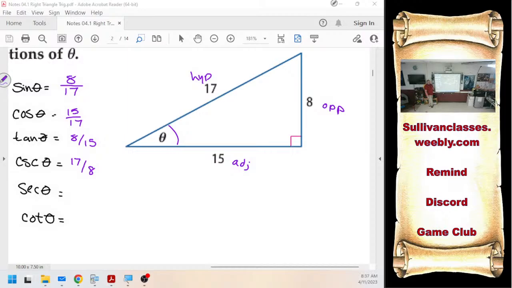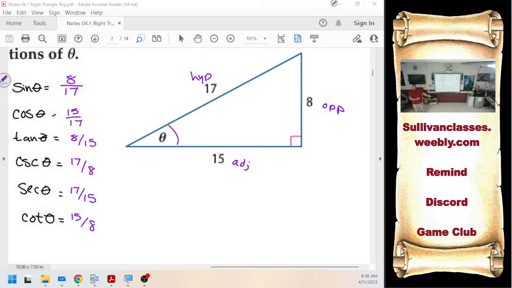Always. That is not simplifying. We go fraction town in this house. Secant. Flip it, hypotenuse over adjacent. And cotangent, flip it, adjacent over opposite. 15/8. Okay? So I write my ratios like this.